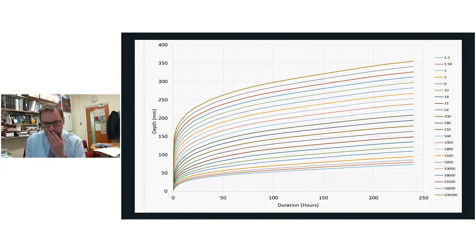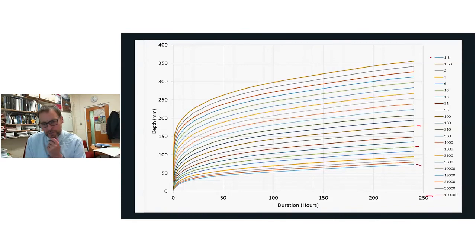One thing that's worth looking at with these curves is that they range from the 1.3 year return period event down to quite extreme rainfall events, but the curves are actually remarkably close together. So this is the 1 in 1.3 rainfall event, and if we compare that to the 1 in 10 there, and I think that's the 1 in 100 there.